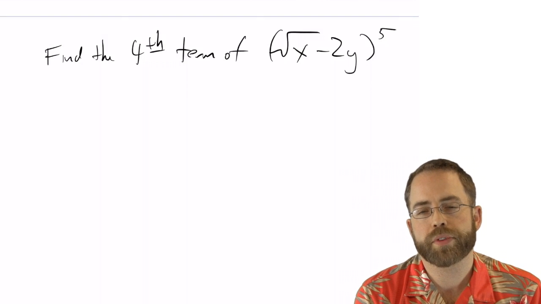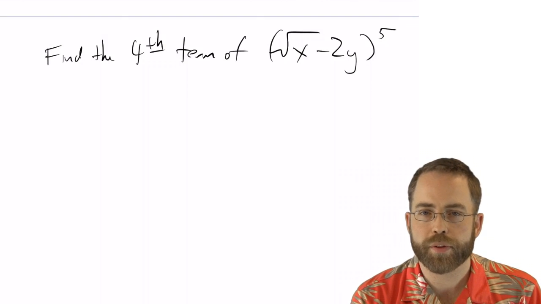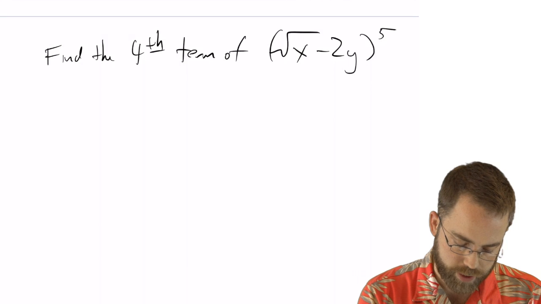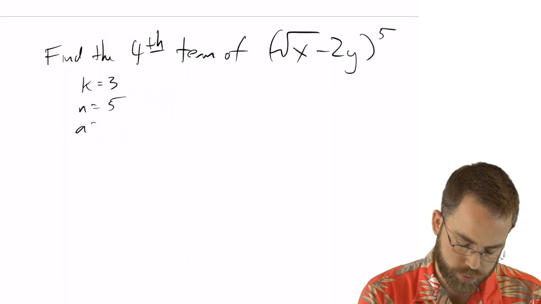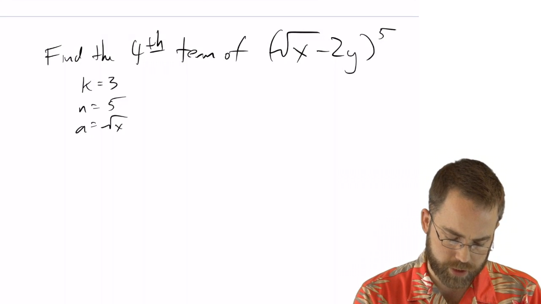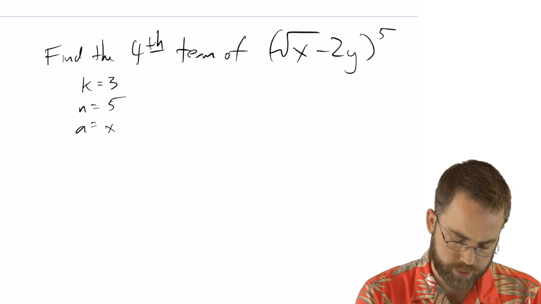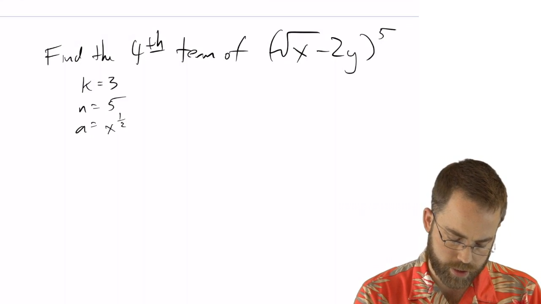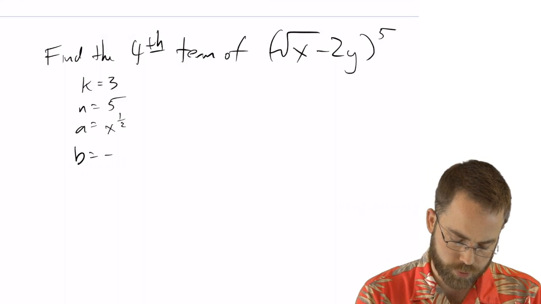The k's start with 0, the terms start with the first. So we're going to have k equals 3, n equals 5, a equals root x, and I think it would probably be easier, since we're going to be dealing with exponents, if we called that x to the 1/2. And then b is equal to negative 2y.